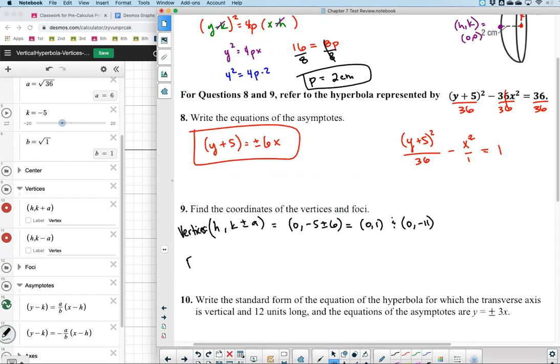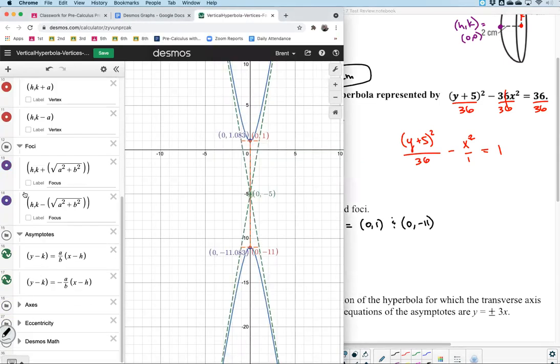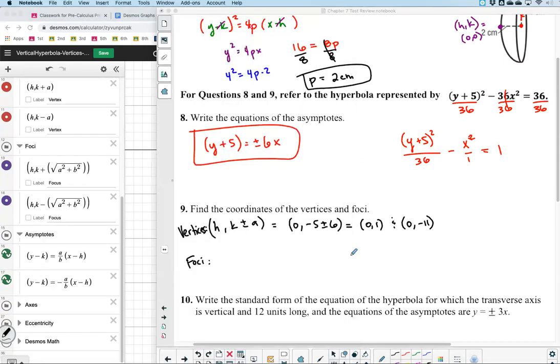Okay, and then the foci. It says it's h. I'm going to redo this. I'm looking at this, I'm going to make it simpler. It's h plus or minus c. H comma k plus or minus c. I'm sorry.